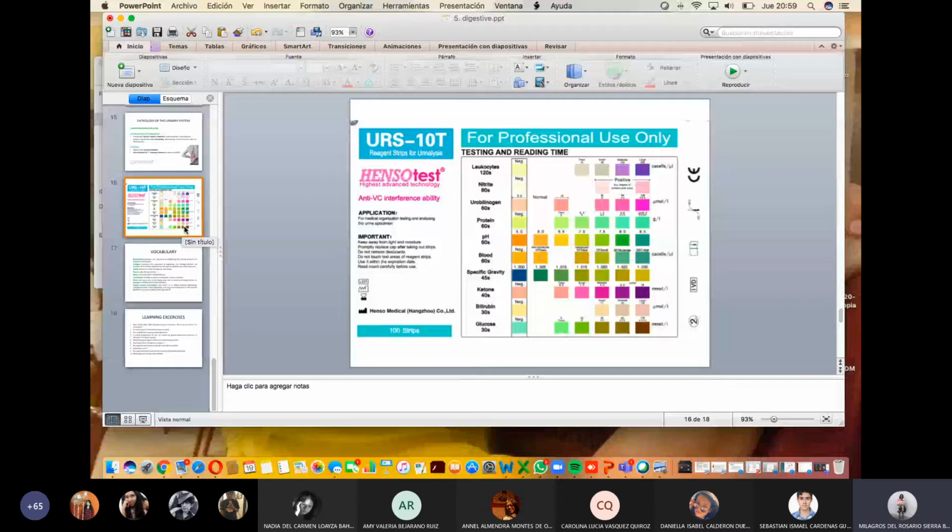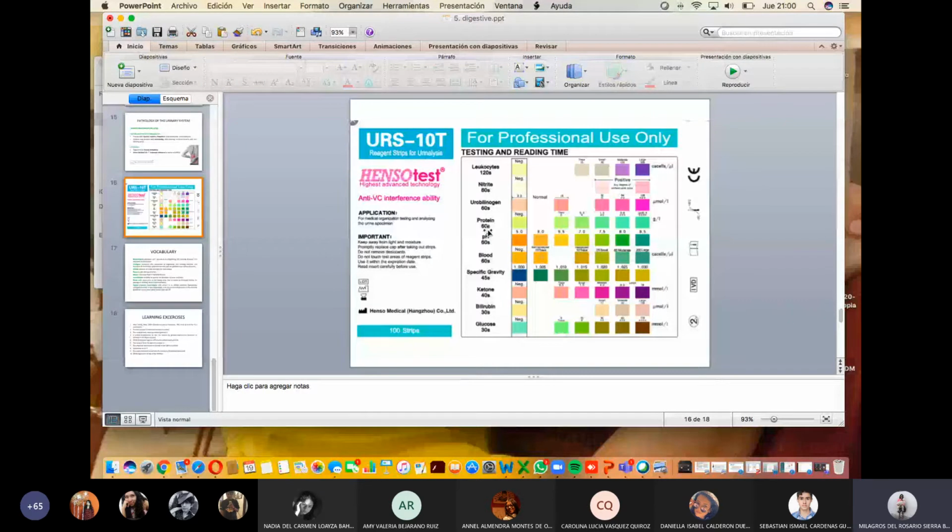So these are different elements that can be found in the urine, and you can make a diagnosis with this. For example, if you find leukocytes in the urine, we can talk about UTIs, about infections. The same if we find nitrate in the urine, we talk about infections.